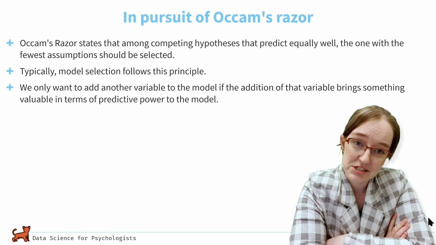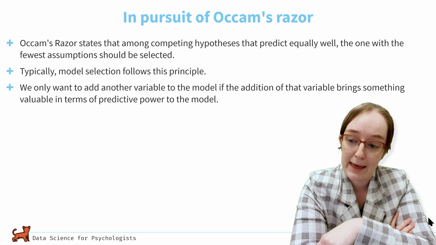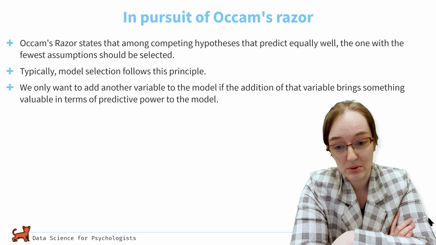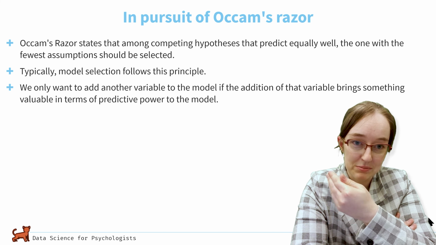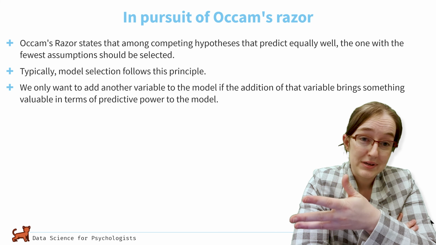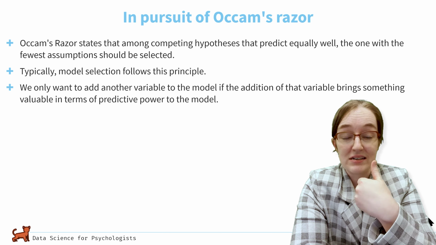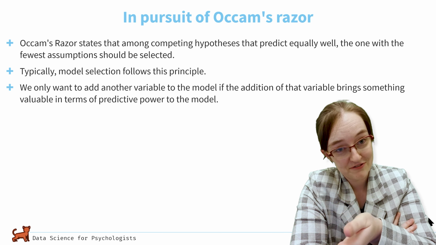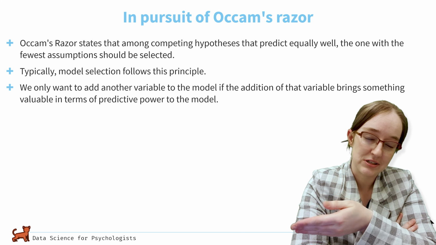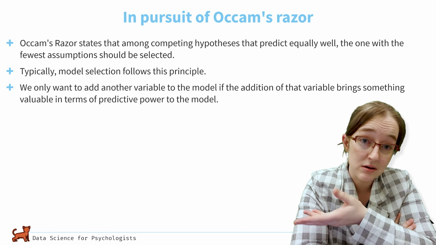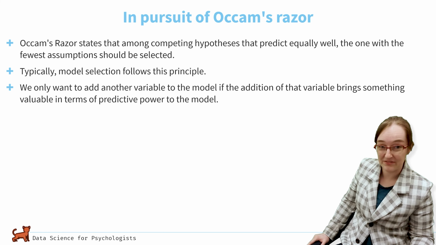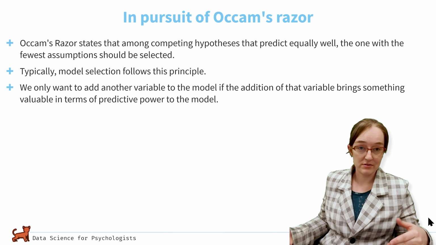But the general idea is that you only add more variables to your model if the addition of that variable brings something valuable in terms of predictive power, or valuable in another sense. Like it is useful to demonstrate that such an effect does not add predictive power. So model selection can have a bit of a rhetorical purpose if your goal is to demonstrate that something does not have an effect when you control for other things.